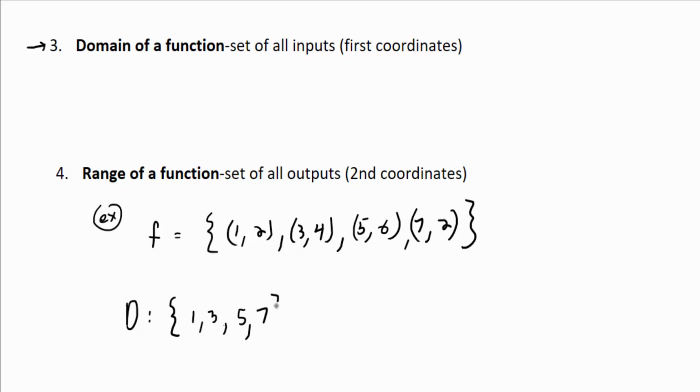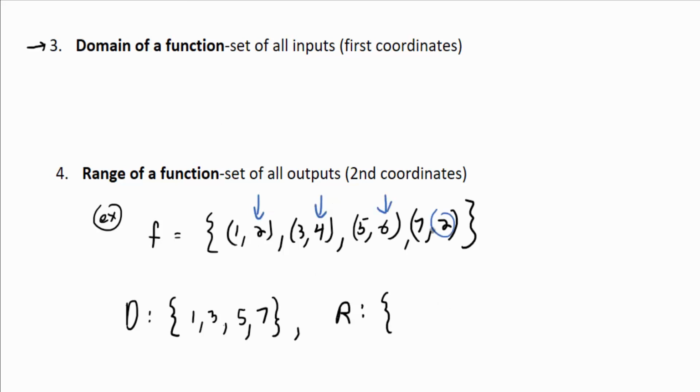What did I do? That's a horrible curly bracket. Let me try again. What did I do to get that? Just looked at all the first coordinates, right? 1, 3, 5, 7. D stands for domain, and then R stands for range. What's the range? So the range would be 2, 4, 6.